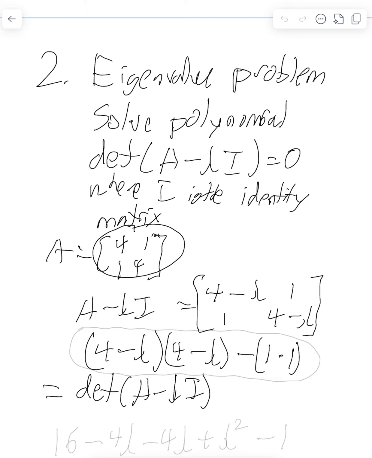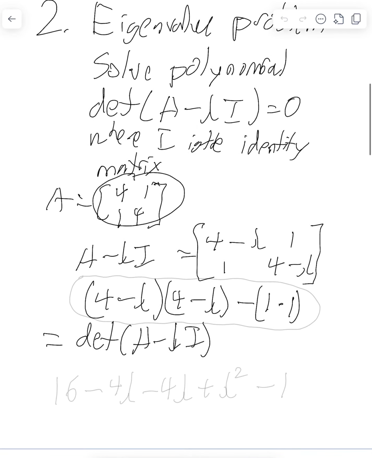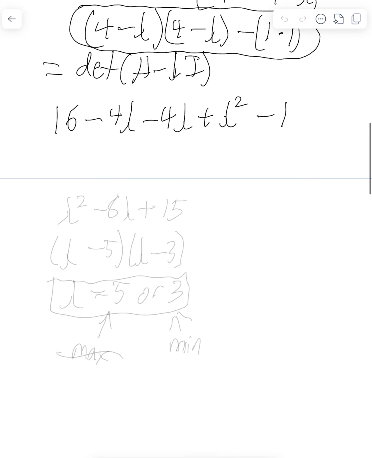From there, we can just take this equation and simplify it out. We would just do some simple multiplication. So it would be 16 minus 4 lambda minus 4 lambda plus lambda squared minus 1. You simplify that all out, it would just be lambda squared minus 8 lambda plus 15.